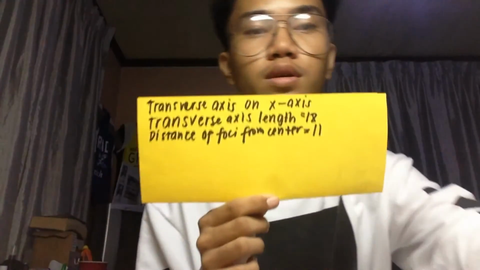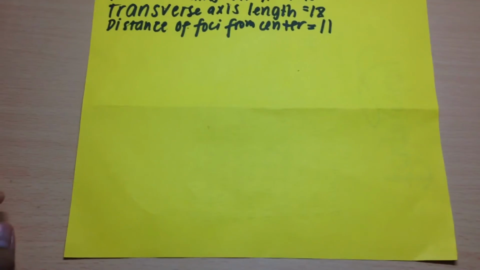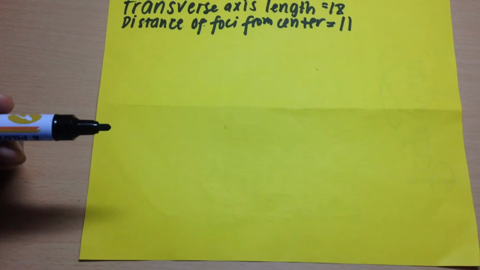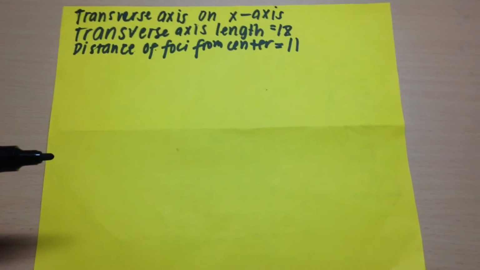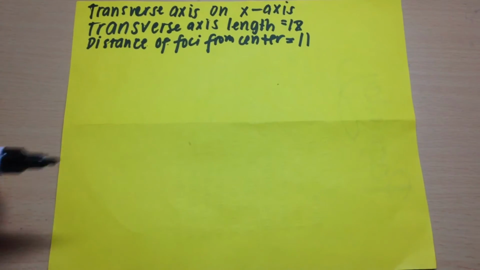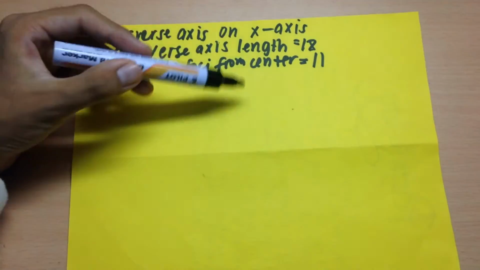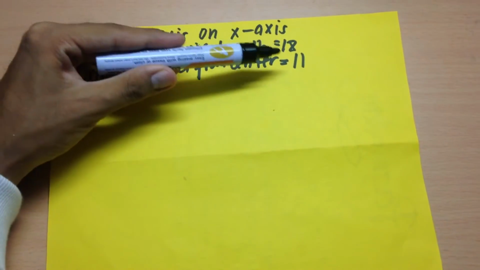So yeah, let's start on working for the standard equation. In this example, we have to find the values of a, b, and c because we'll be using the Pythagorean theorem now. To find the value of a, we have to get again the half of 18.